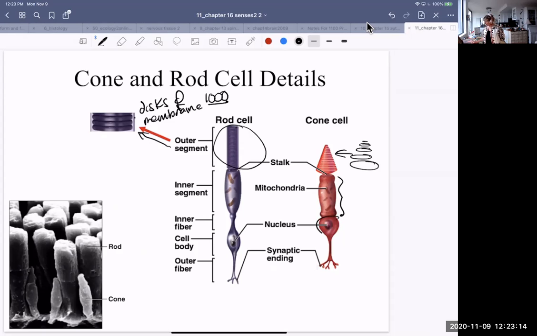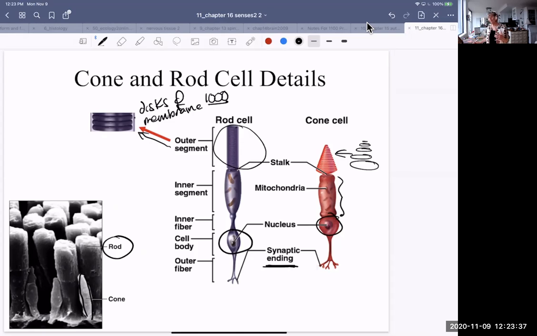And the nucleus for both is here. That's the cell body. And there's an outer fiber that synapses with the bipolar cells. So you can see in this micrograph that the rods are a lot larger and the cones are smaller.